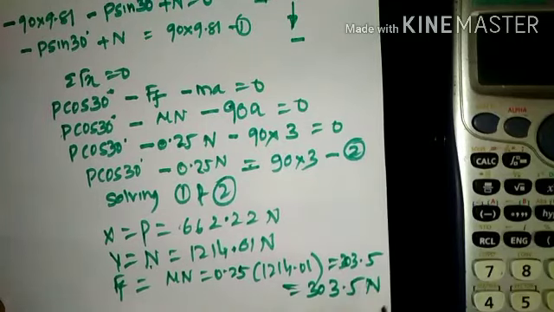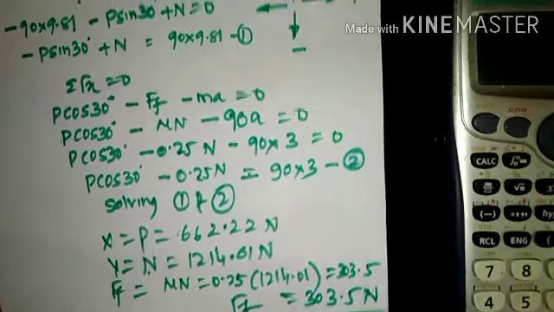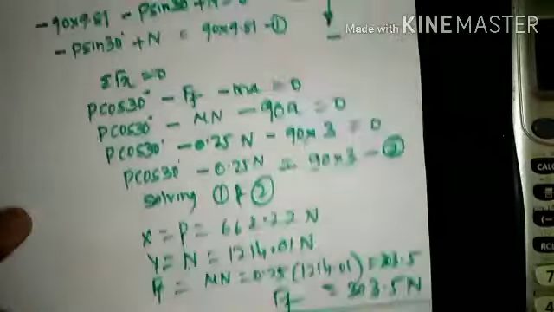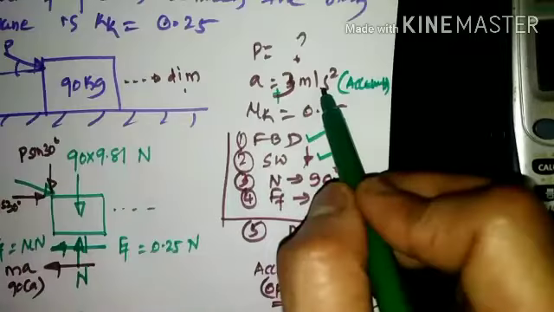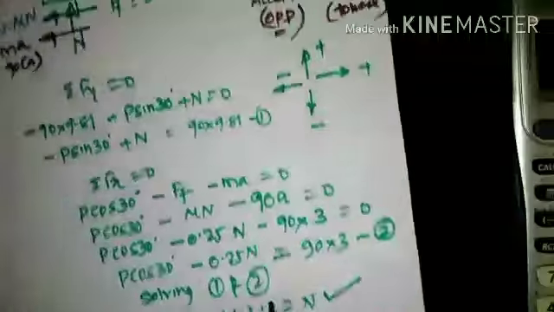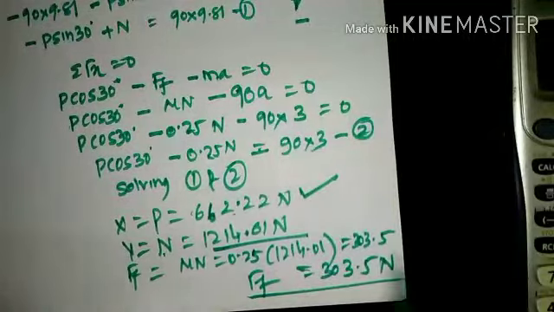So this is how we find the magnitude of the force P. That means we need to apply 662.22 Newton to induce an acceleration of 3 meter per second square, and the magnitude of the reaction force will be 1214.01.